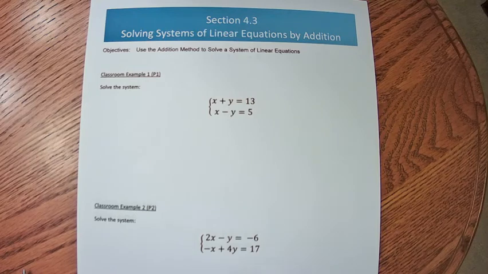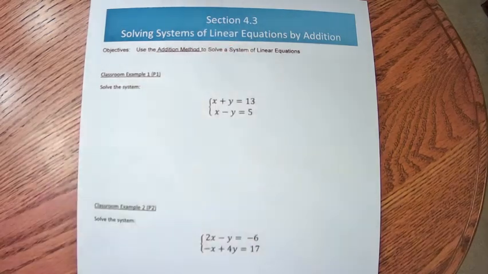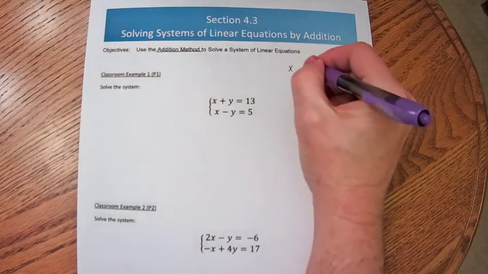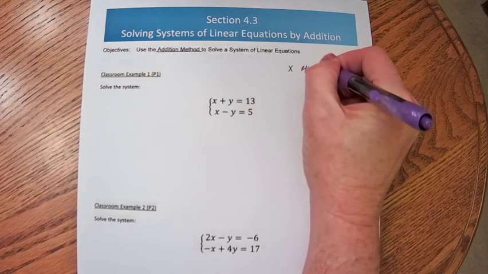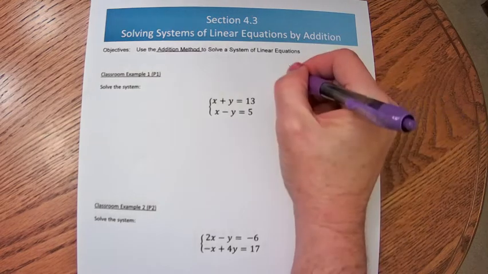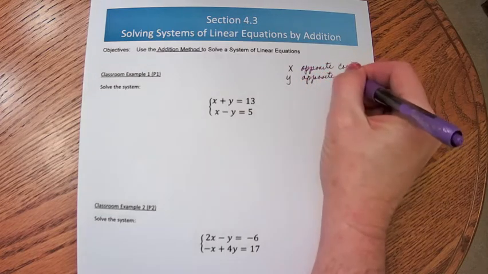In section 4.3, we'll learn another way to solve systems of linear equations, and that's by using the addition method. With the addition method, what we want to try to get is either the x's to have opposite coefficients or the y's to have opposite coefficients.